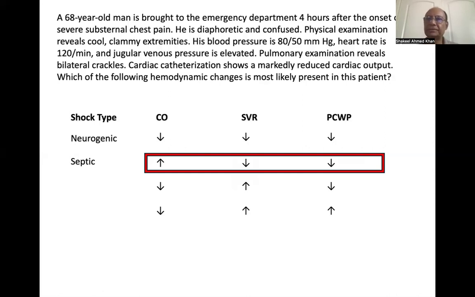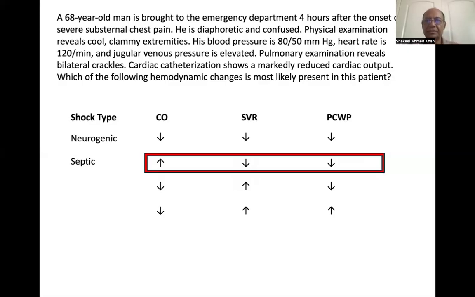Usually these types of shock are due to gram-negative septicemia, different types of bugs which can lead to lipopolysaccharides or other materials coming into the blood, which lead to vascular dilatation.